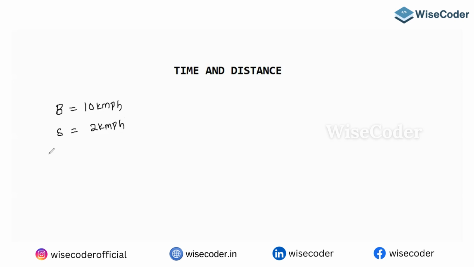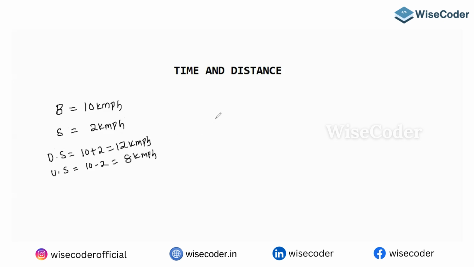From this you can say what is downstream speed. Boat speed plus stream speed only, no? So you can say 10 plus 2, that will give you 12 kilometer per hour. What is upstream speed? Boat speed minus stream speed. That is what? 8 kilometer per hour.